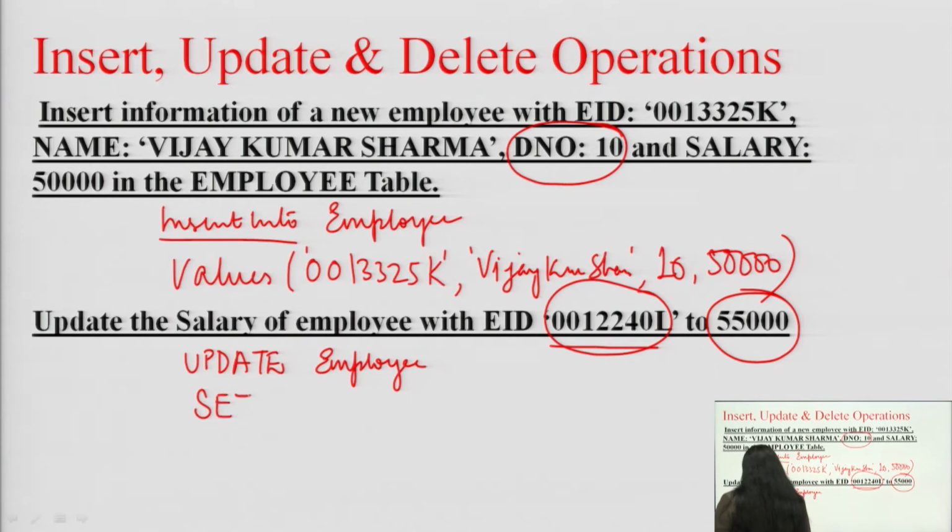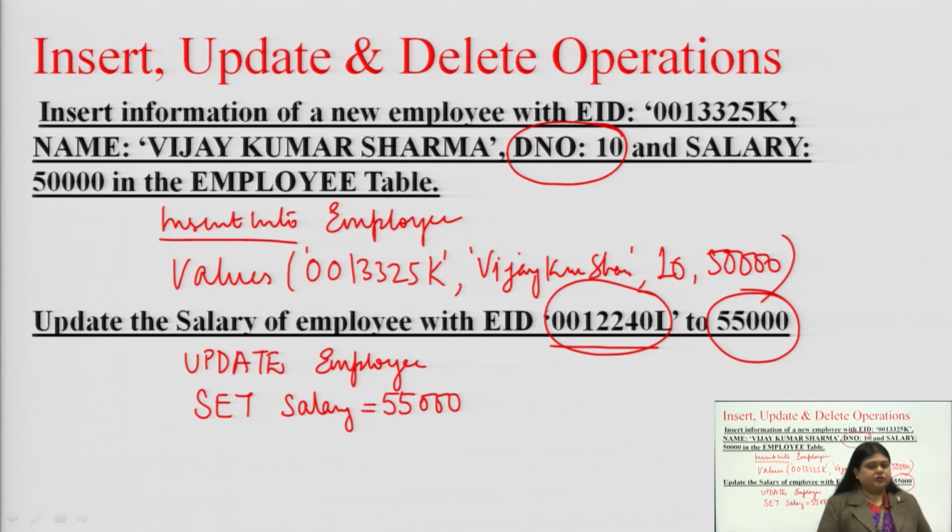Whenever we are using update, we will set the value, right. We will set the salary to 55,000, right.